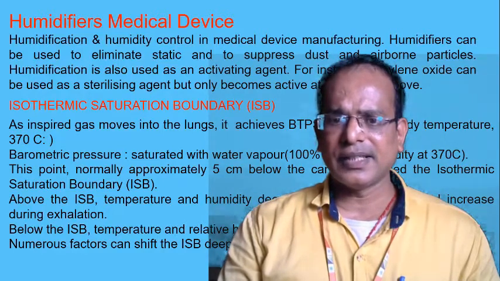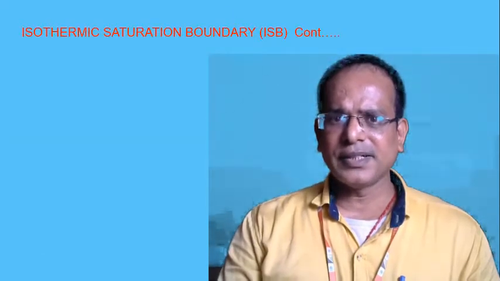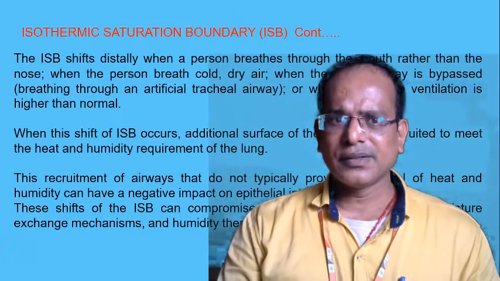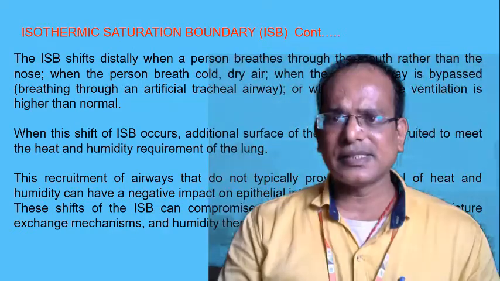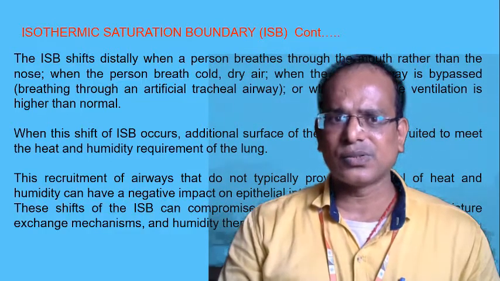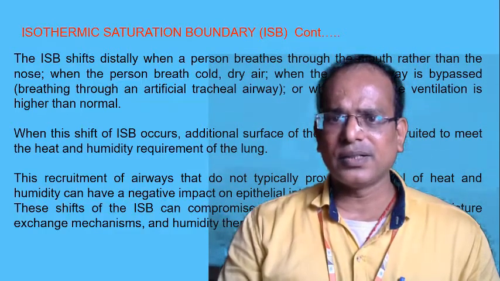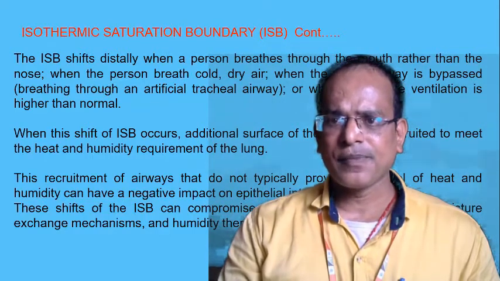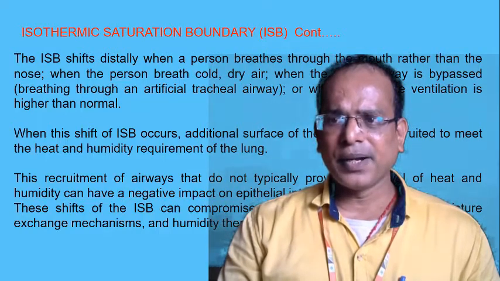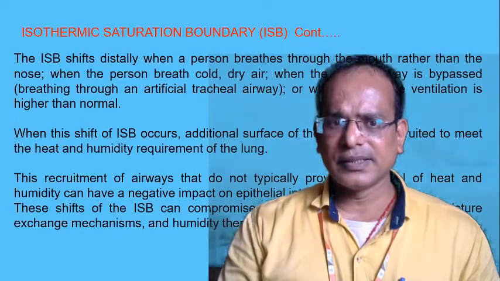Numerous factors can shift the ISB deeper into the lungs. The isothermic saturation boundary point shifts distally when a person breathes through the mouth rather than the nose, when the person breathes cold, dry air, when the upper airway is bypassed, that is, breathing through an artificial tracheal airway, or when the minute ventilation is higher than normal.